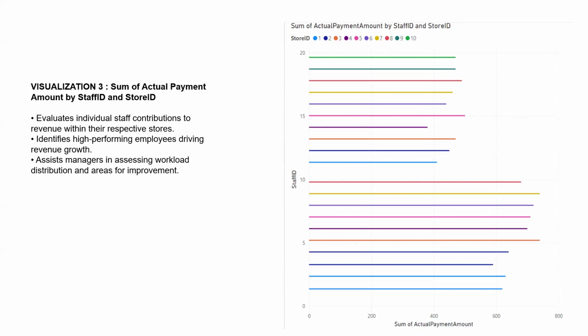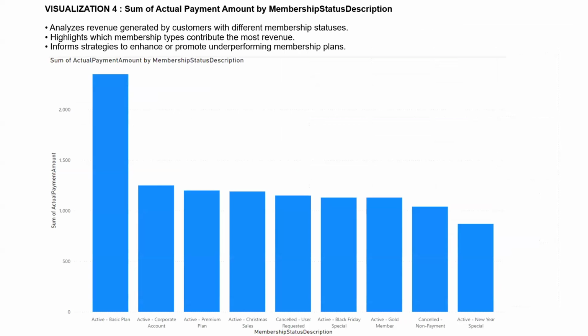And the fourth chart is the sum of actual payment amount by membership status description. This picture showcases how different membership statuses contribute to revenue. It highlights the top performing memberships, such as the top one, the activities basic plan, while identifying the underperforming ones.